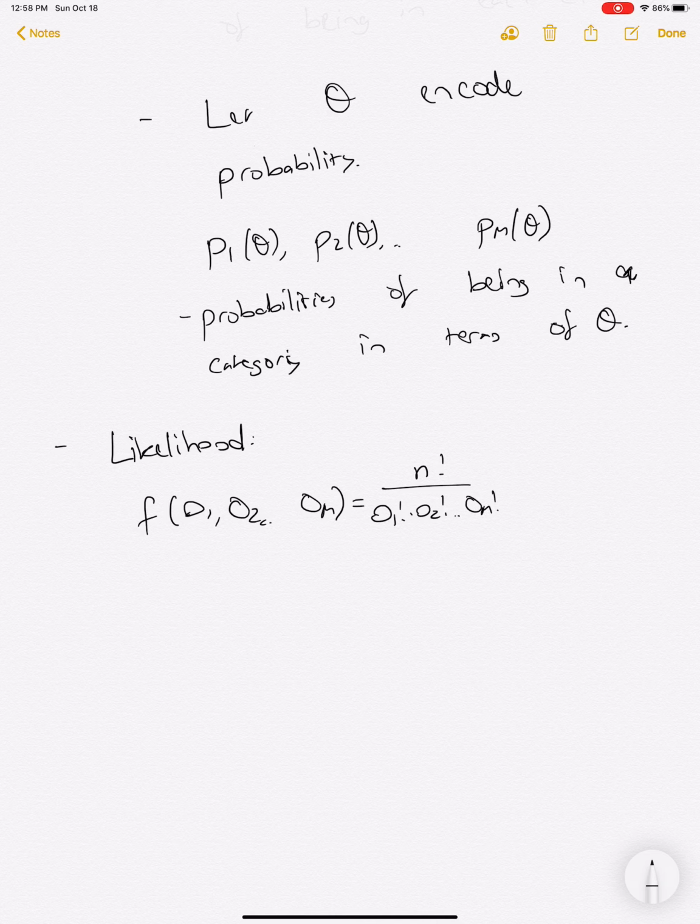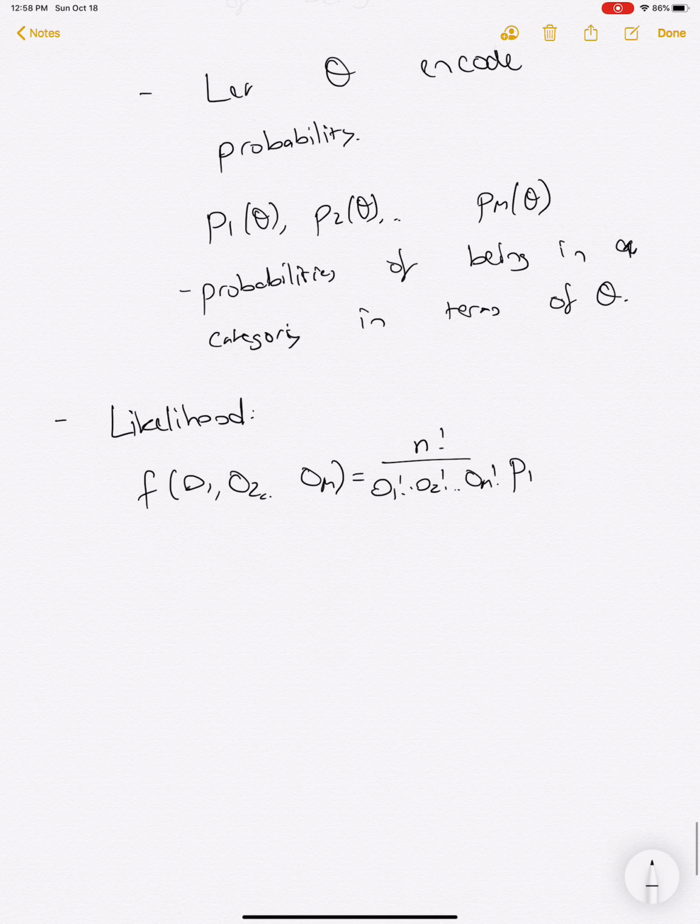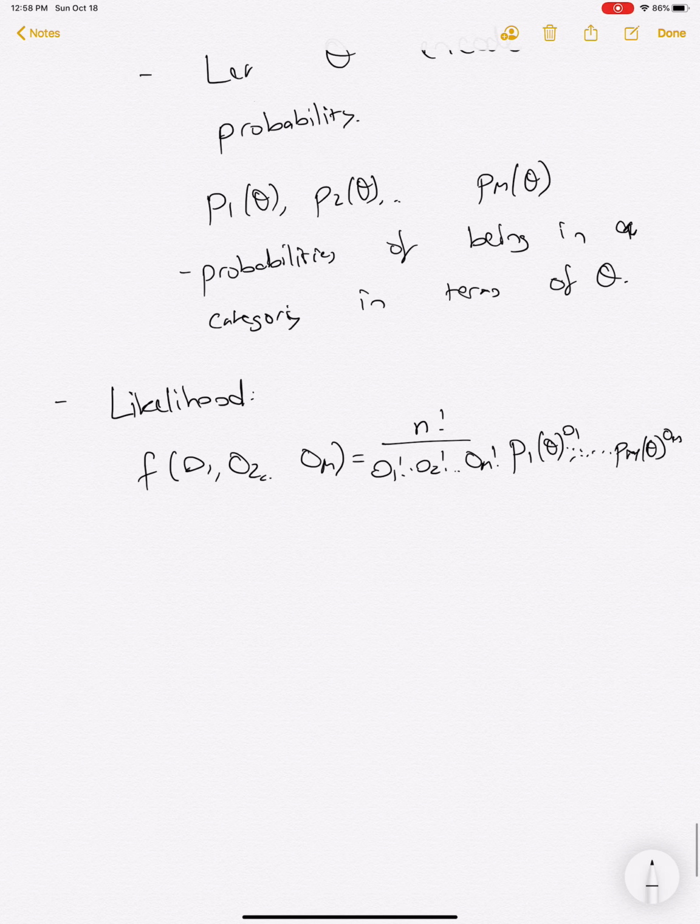This is potentially a little bit unintuitive.